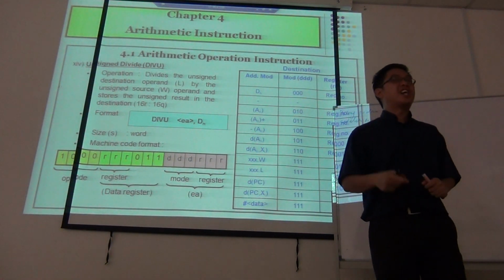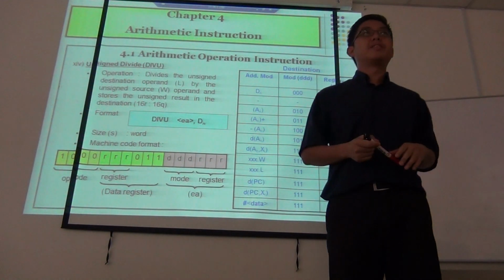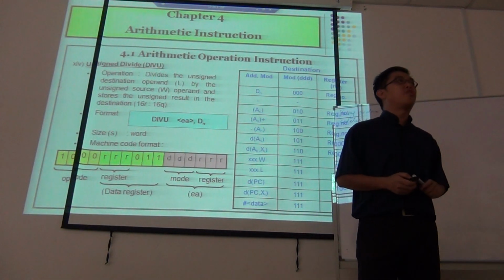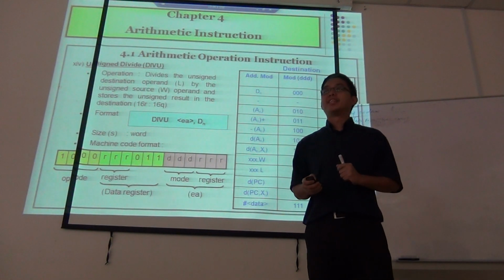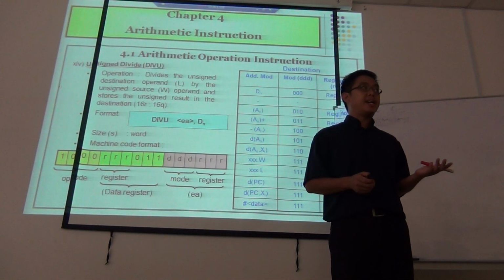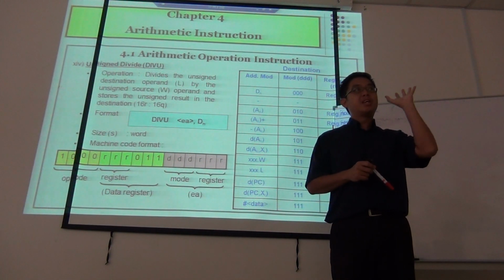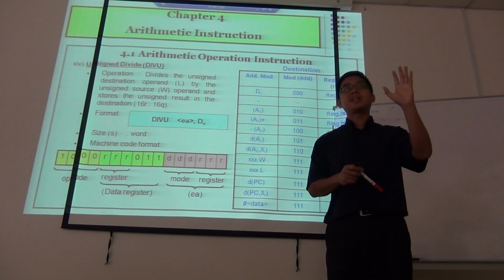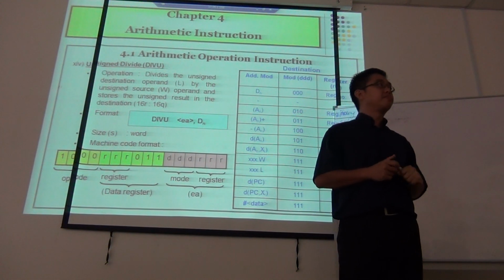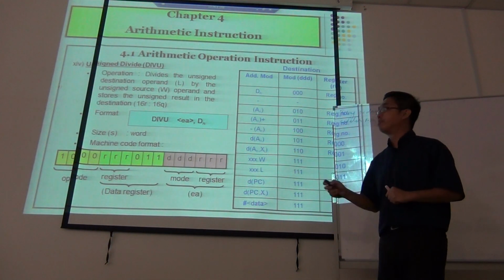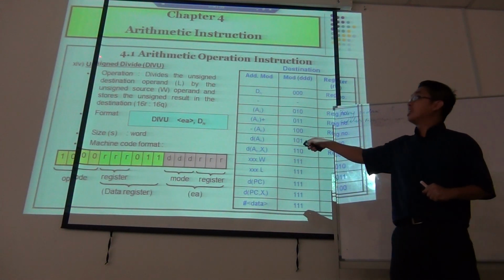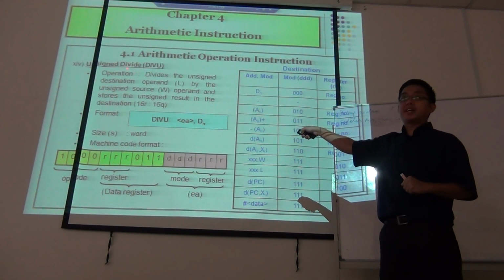So another two commands. Now we are going to look at the division command. Just now was multiply, now division. The concept is very simple. If you understand signed multiplication, this one should be easier. So let's look at the commands: signed divide, unsigned divide.